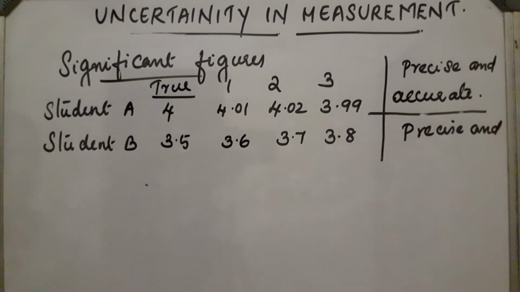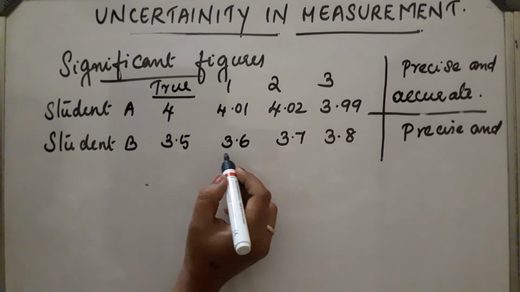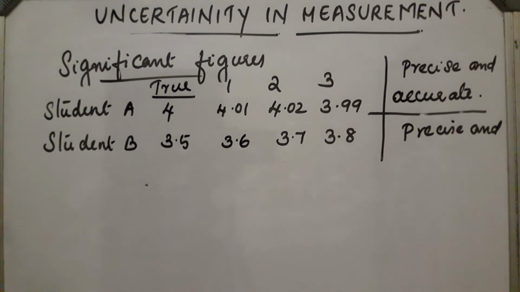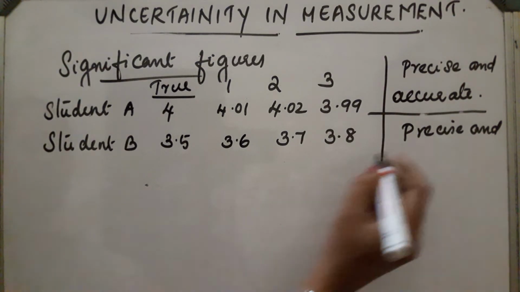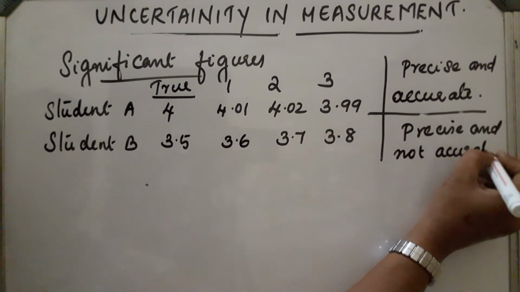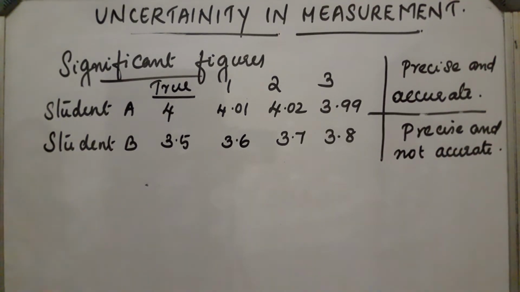That means these values are not very close to the true value. That means they are not accurate. This is an example of precision and accuracy.